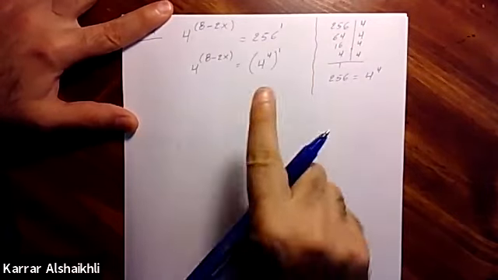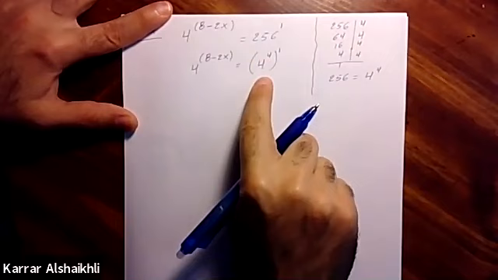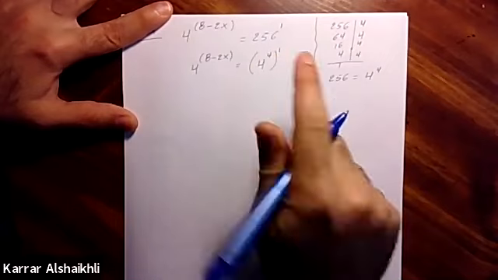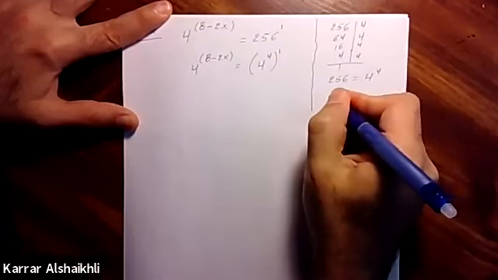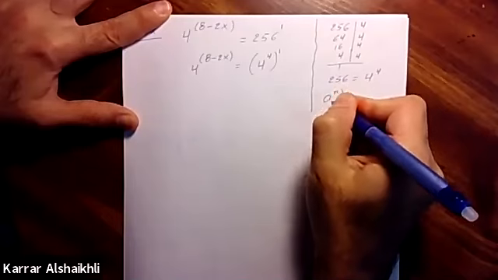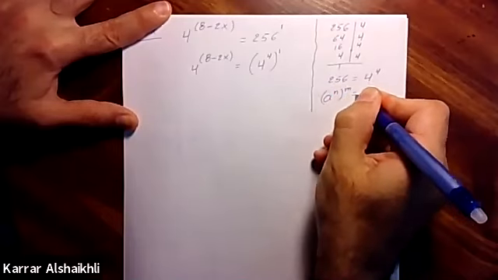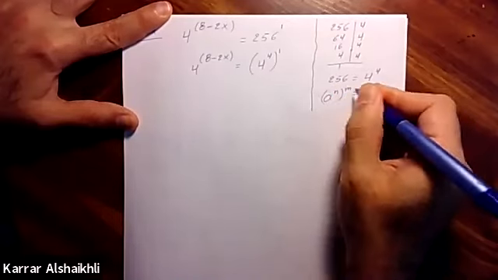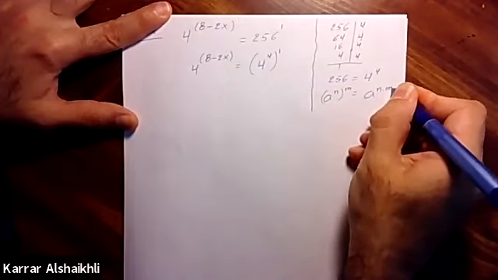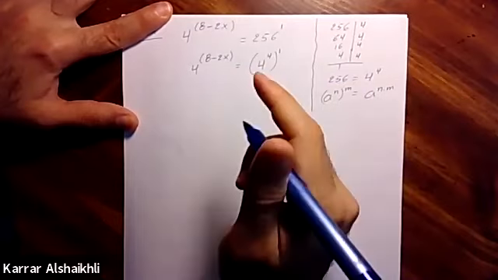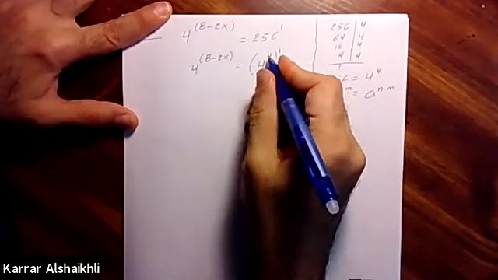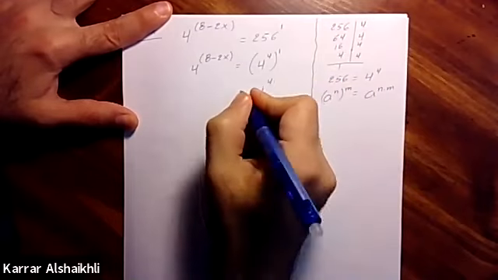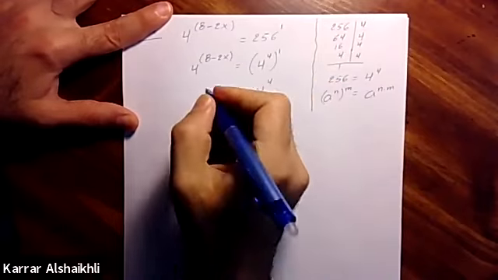Now, next step, I have a number with 2 exponents. So I'm going to use the rule. It says if you have a number with 2 exponents, you're just going to multiply the exponents, n times m. I'm going to use this rule here. So it's going to be 4 times 1 for the exponent 4 equal that.